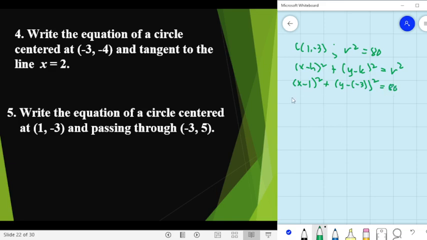Simplifying this one, we now have x squared minus 2x plus 1 plus quantity y plus 3 squared equals 80.